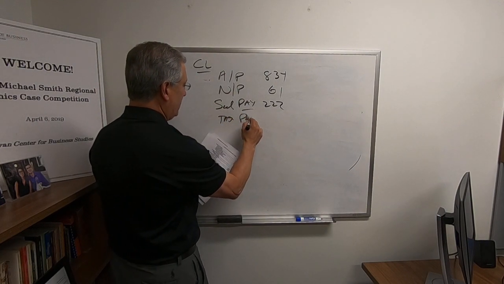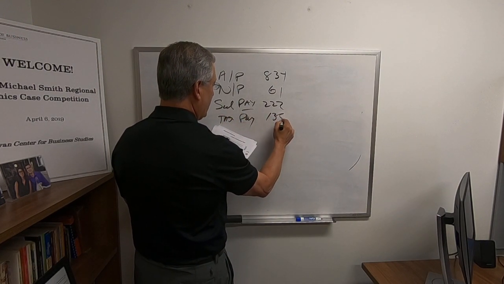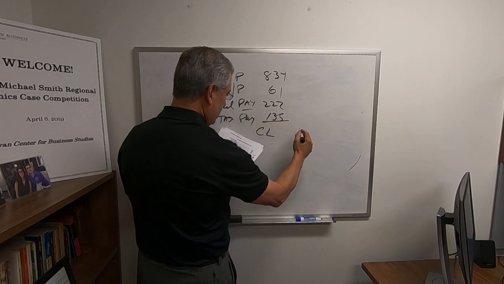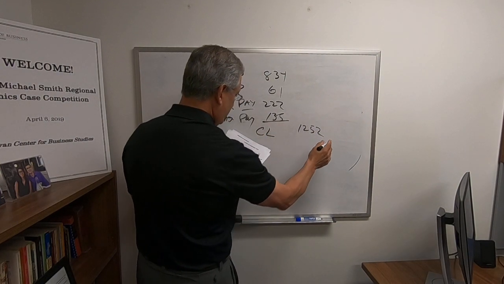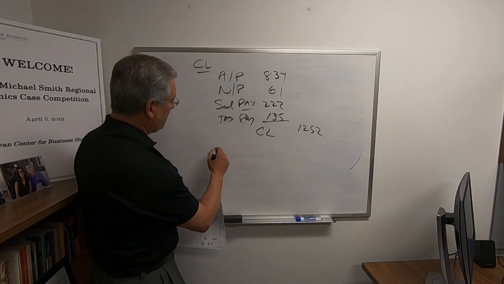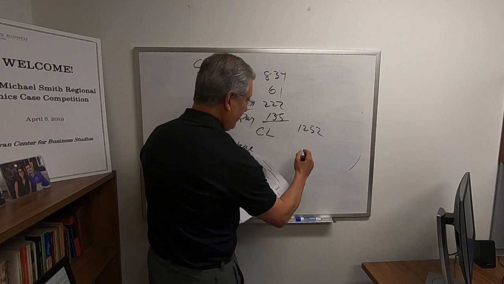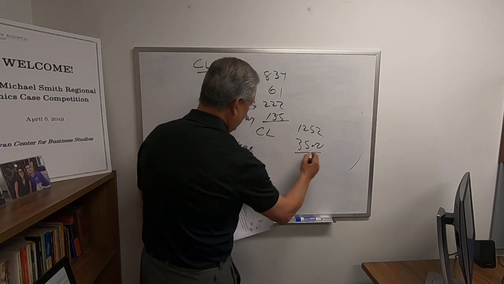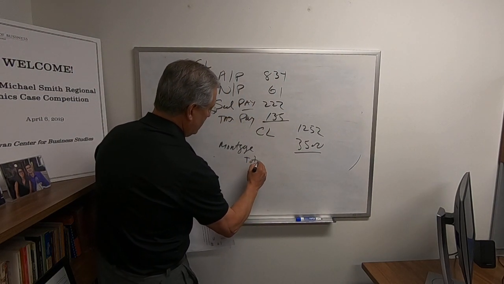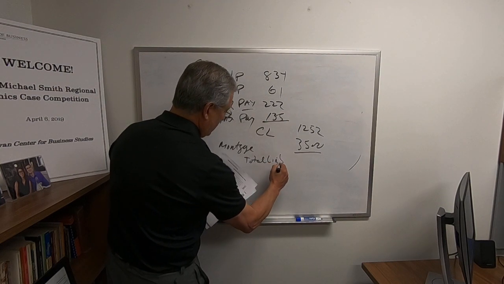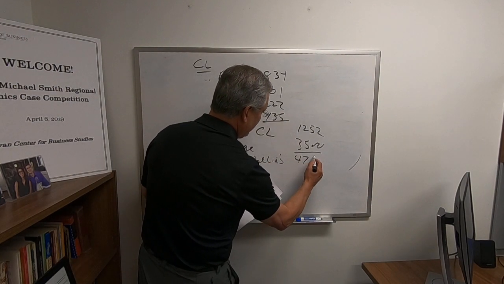Taxes payable, $135. Current liabilities, $1252. Long-term items, we have a mortgage of $3,500. We have total liabilities of $4752.